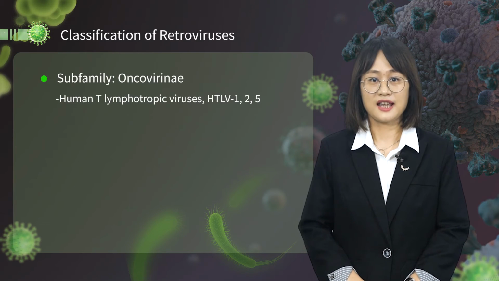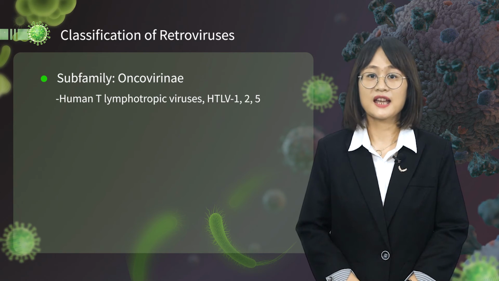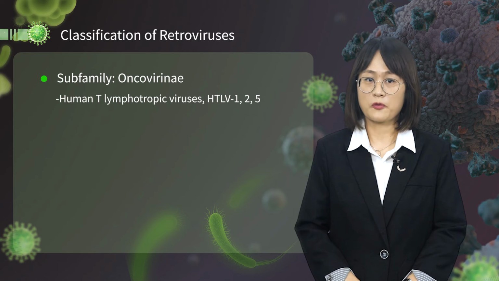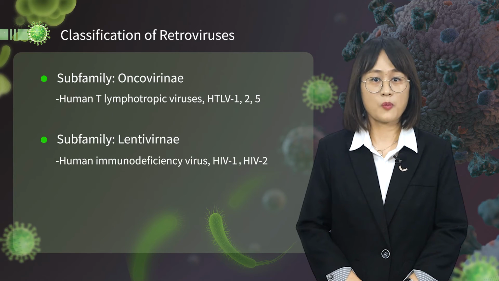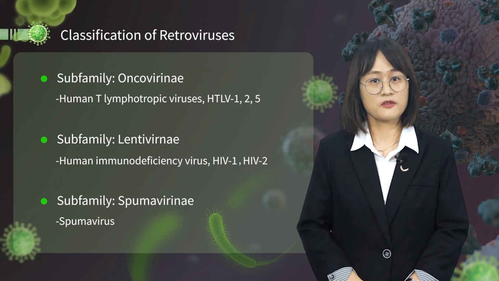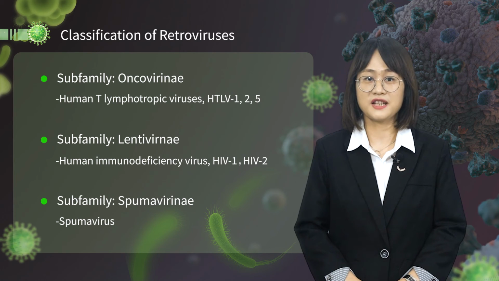Oncovirinae, including human T lymphotropic viruses, HTLV type 1, type 2, and type 5. Lentivirinae, including HIV type 1, type 2, and the Spumavirinae. Here, we only discuss the members of HIV family.